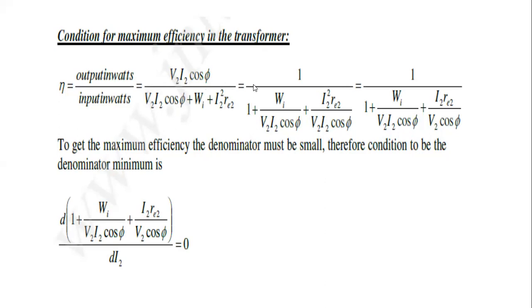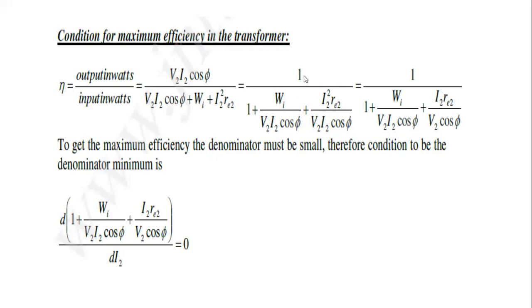We are multiplying and dividing with respect to V2 I2 cos phi 2, that is, dividing both numerator and denominator by V2 I2 cos phi. Then in the numerator we obtain V2 I2 cos phi by V2 I2 cos phi, and both terms cancel, giving 1.